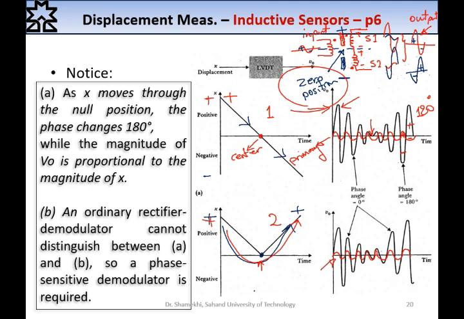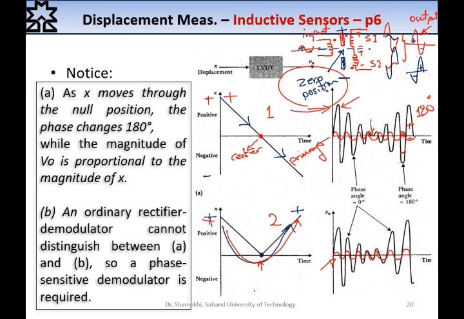And as you can see, the phase angle between the output and the input primary signal is zero. Therefore, we should be able to discriminate between these two conditions.